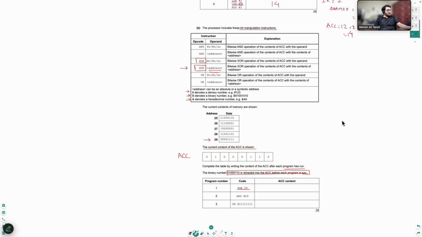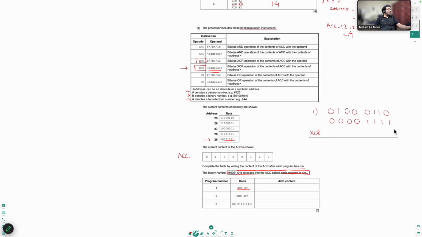So let me do this. I'm going to write it here. The contents of the accumulator currently are 0 1 0 0 0 1 1 0, and the contents of 29 are 4 zeros and 4 ones. So it's 1 2 3 4, 1 2 3 4. Now when I'm going to XOR them, I believe you do remember what XOR does.